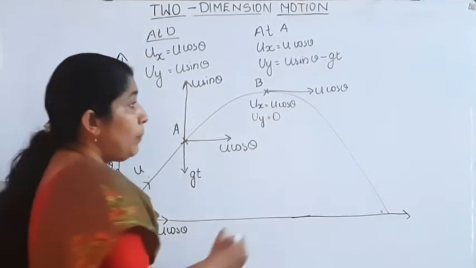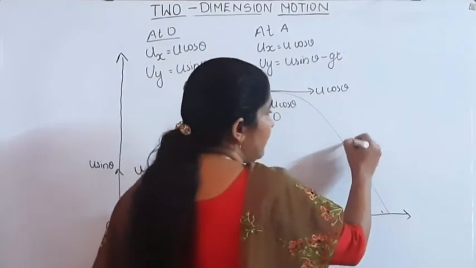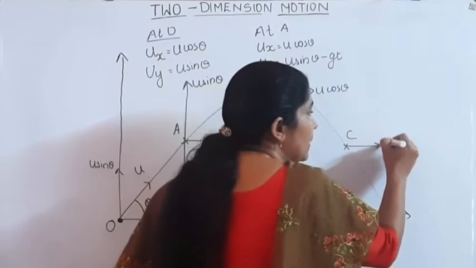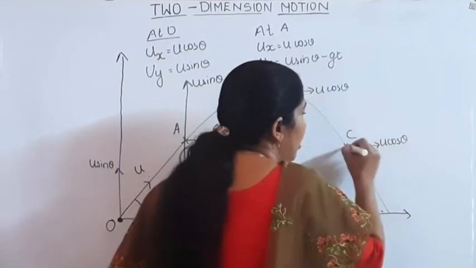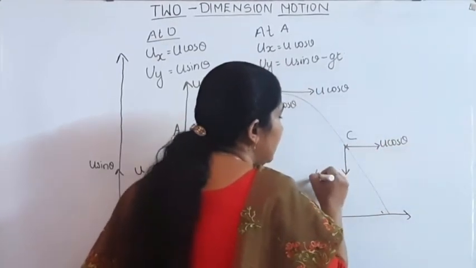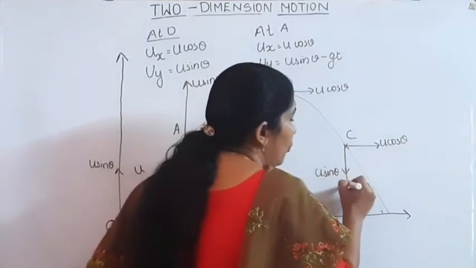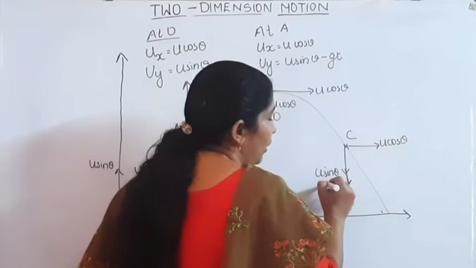Now, when the projectile reaches this position C, horizontal velocity is equal to u cos theta and vertical velocity is equal to u sin theta, and the gt component is also there, therefore plus gt.